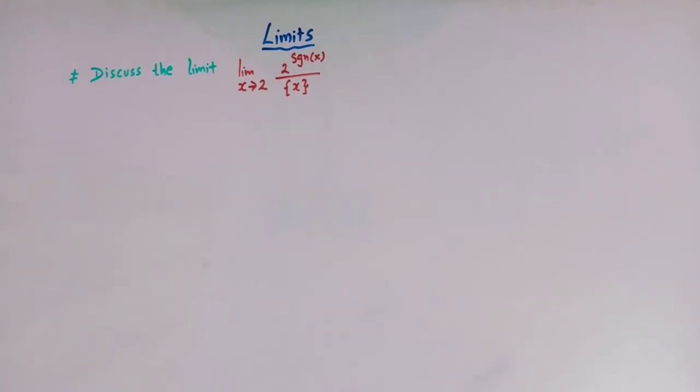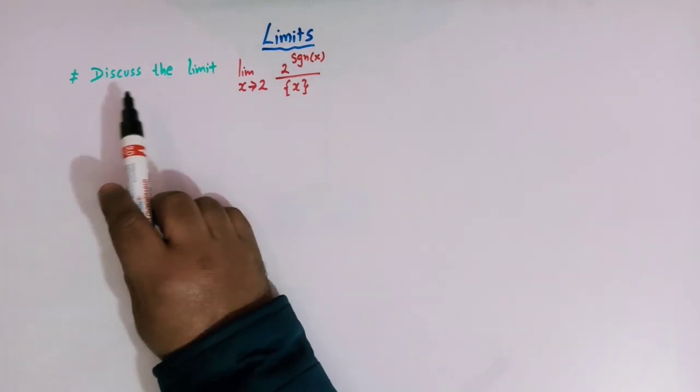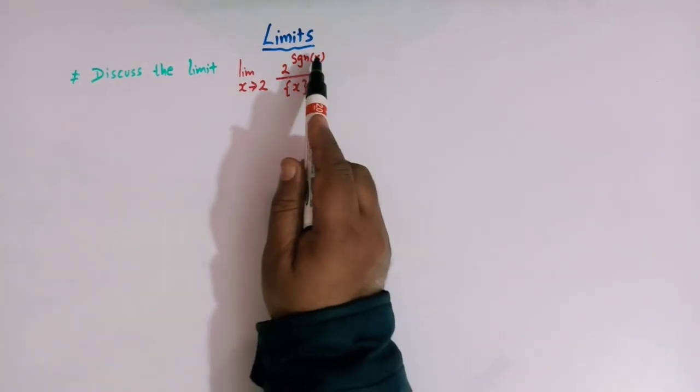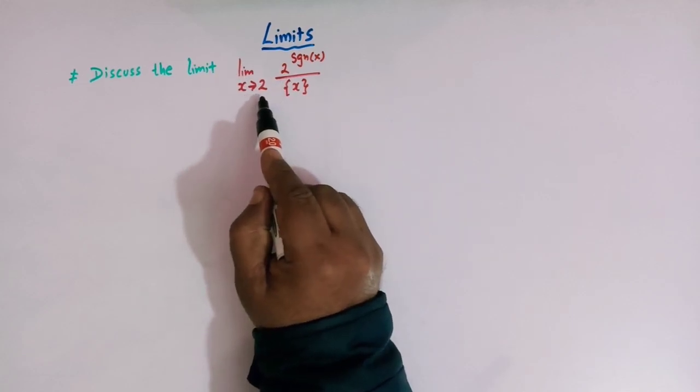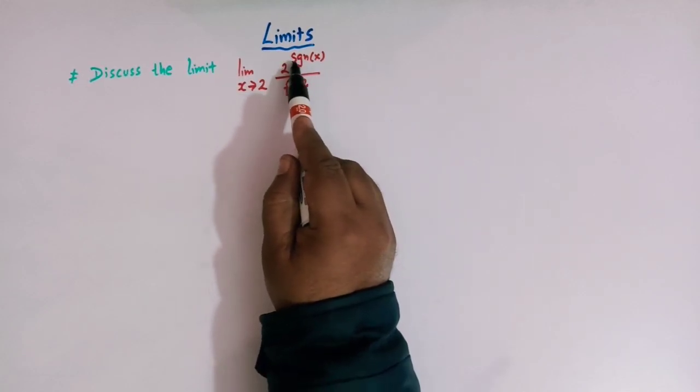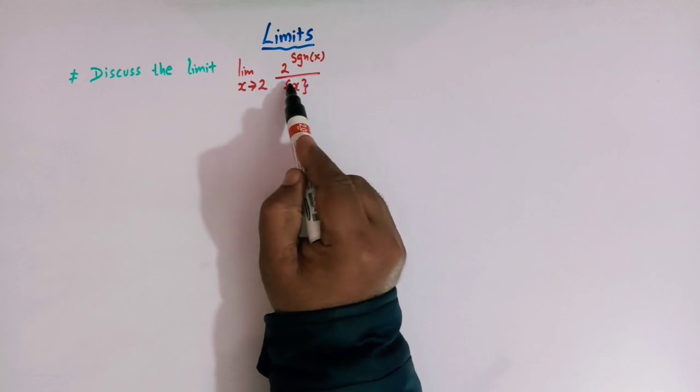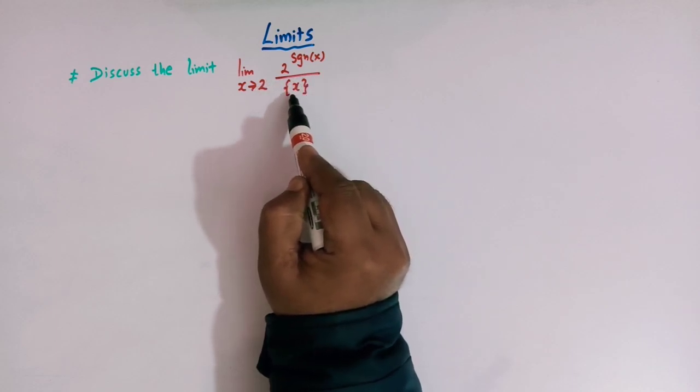Hello viewers, in today's class we are going to discuss one important and conceptual problem from limits. We have to discuss the limit as x tends to 2 of 2 raised to signum of x divided by the fractional part of x.